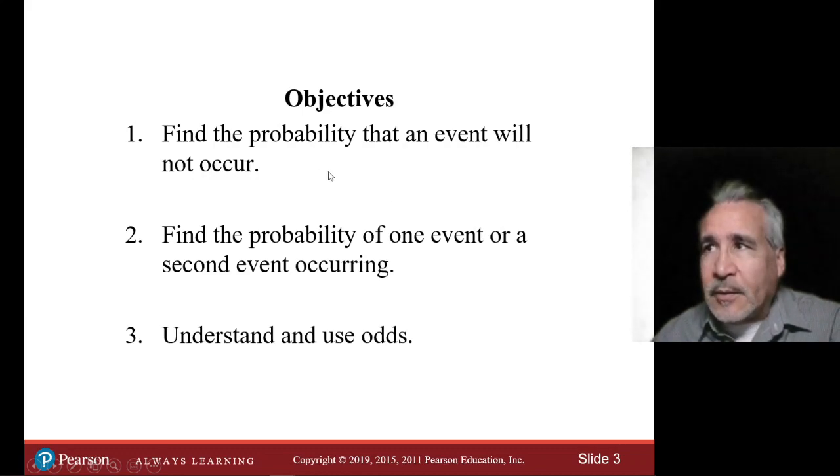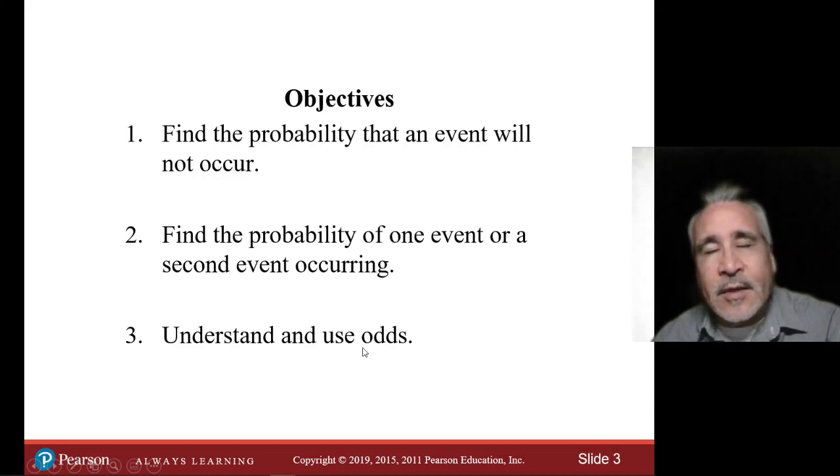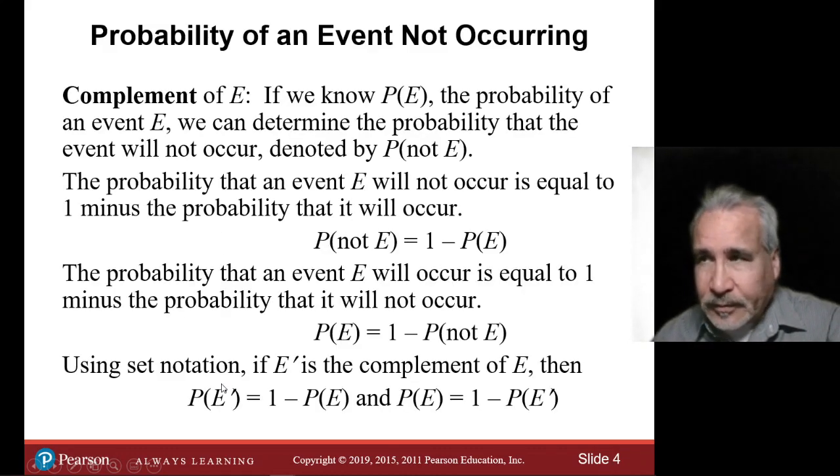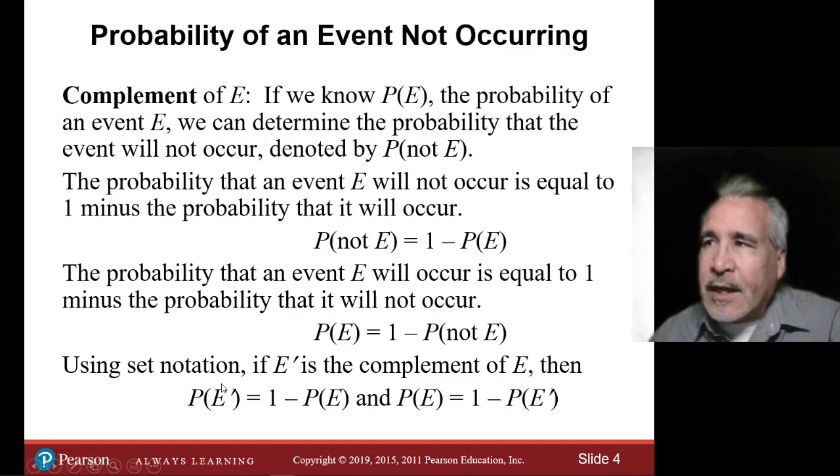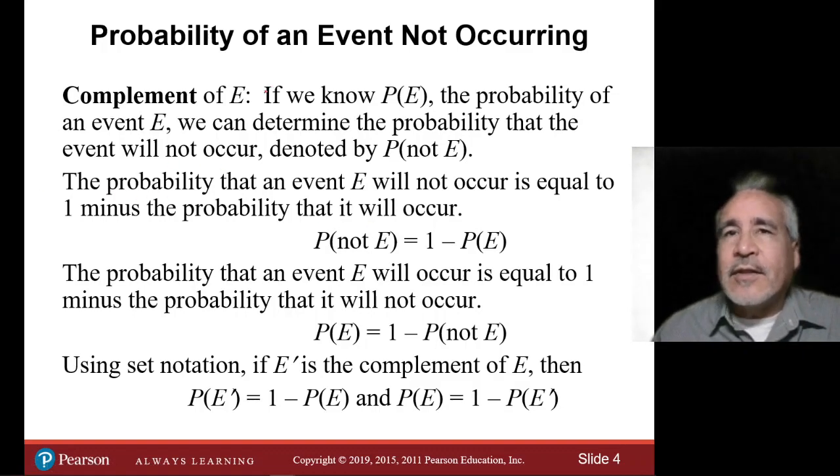So our objectives, we're going to find not probabilities, we're going to find or probabilities, and then we're also going to understand how odds is a different way of counting than probability itself. We get a lot of notation here, but let's just give an example.